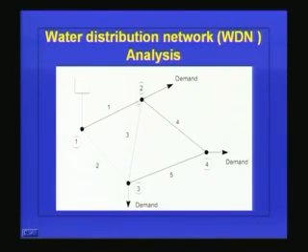Again, Q1 depends upon head at 1 and head at 2. So Q1 squared will be H1 minus H2. So Q1 is equal to the square root of (H1 minus H2) divided by R1.